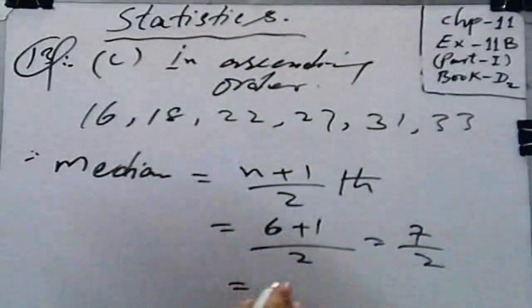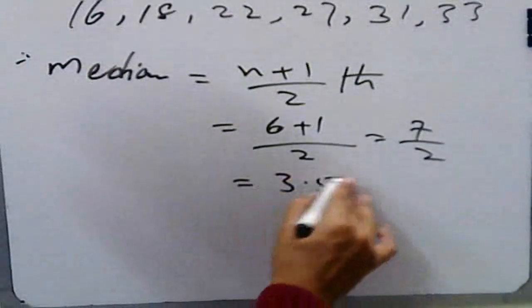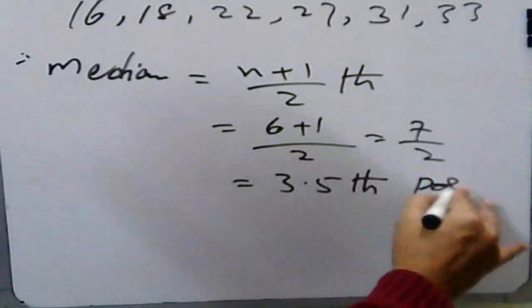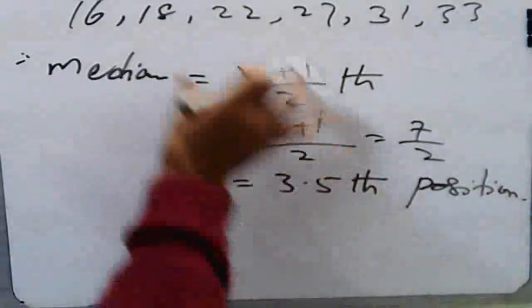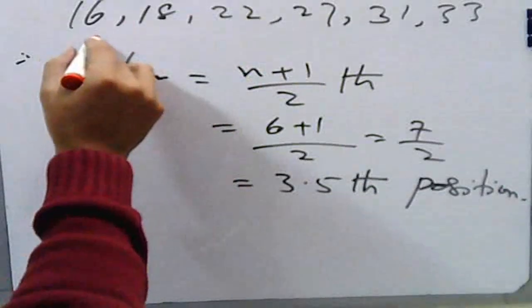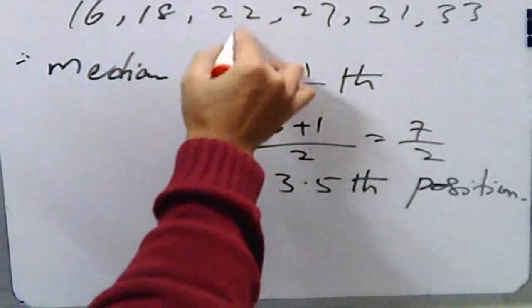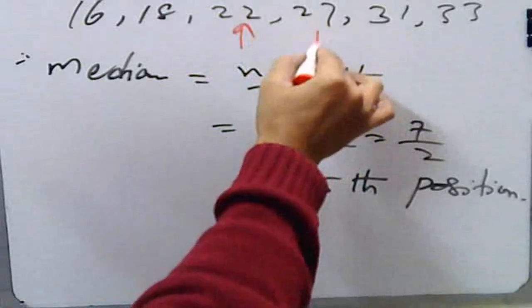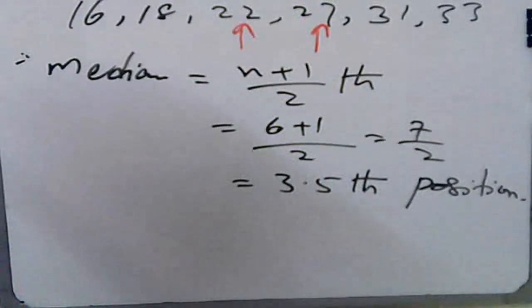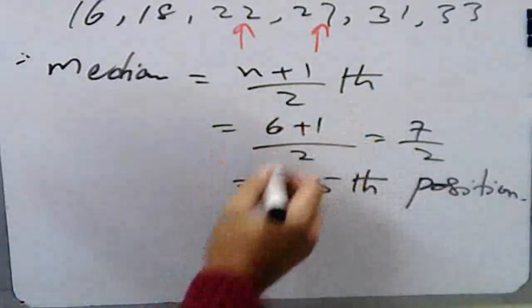So your result is the 3.5th term, so our 5th position. You can see here 1, 2, 3 terms and 0.5 means the 4th term. So you should take these 2 terms, because with the help of the formula we have come to this conclusion.